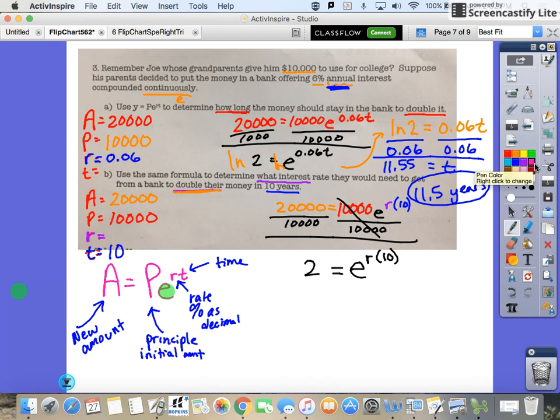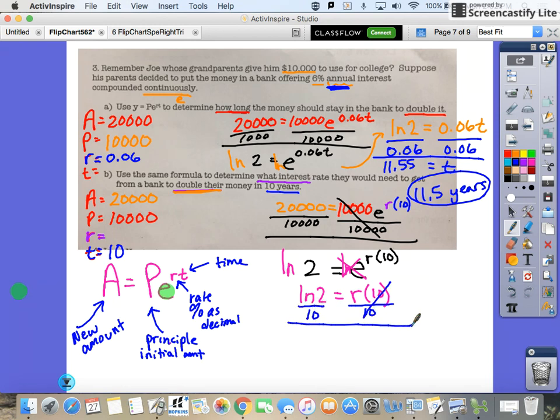And again, to cancel out that E and get the R out of the exponent, we need a natural log on both sides. Then we have natural log of 2 equals R times 10. Well, a variable times a number means we need to divide by a number.